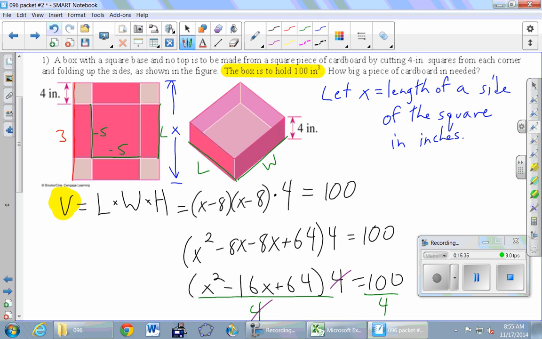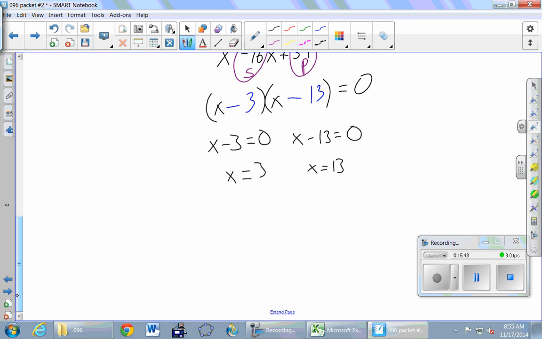And when you multiply those, what do you get? You get 100. So it's not that we did anything wrong. We solved an equation. We had two answers to the equation, but one of them doesn't make sense in the context of the problem. So x equals 3 gets rejected. So x equals 13 is our answer.